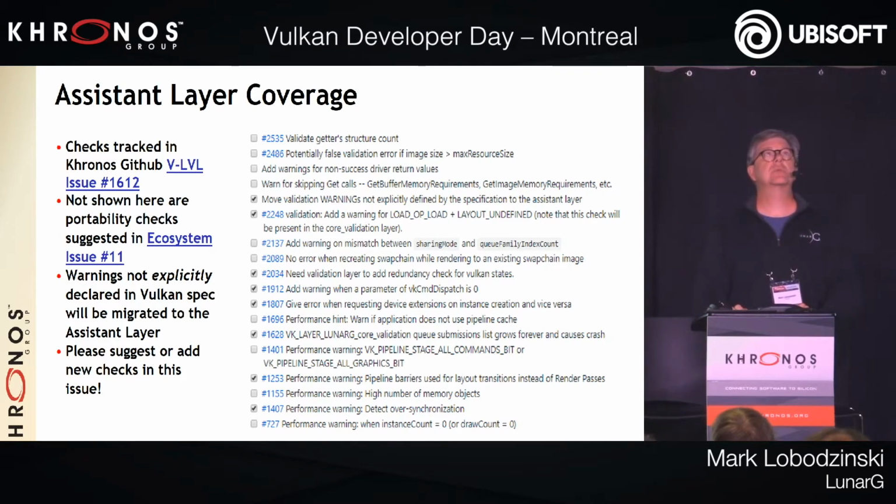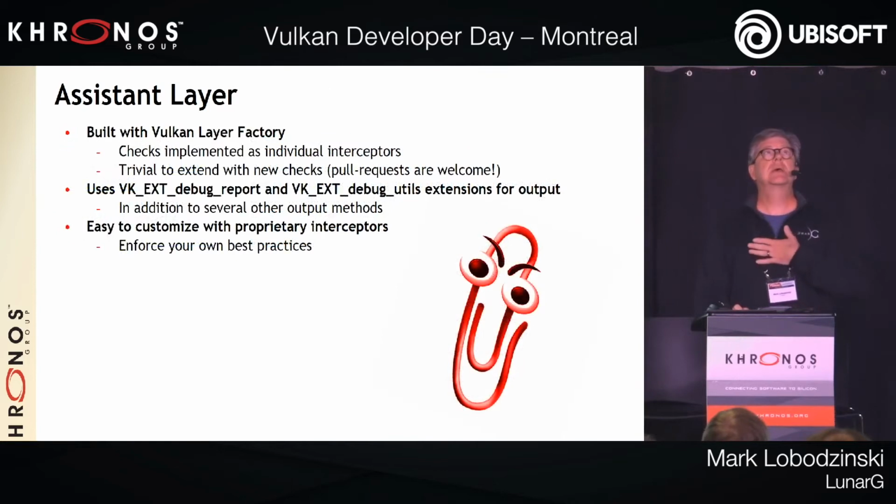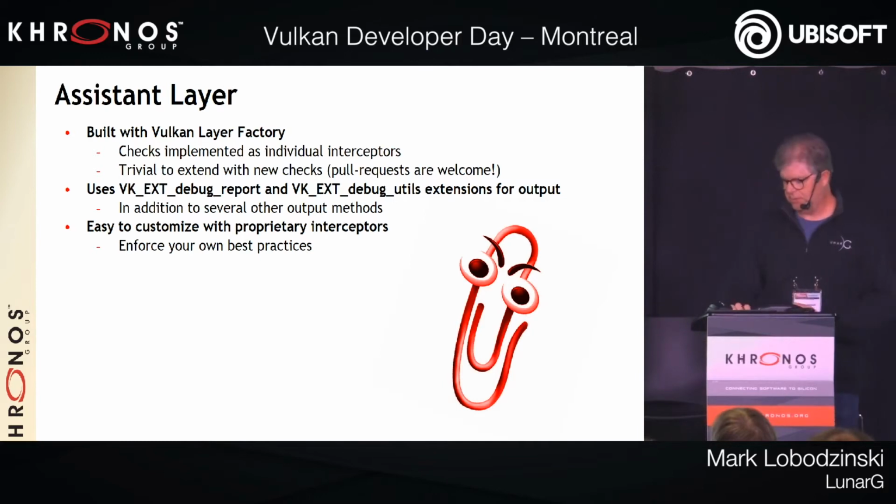So we talked about that. The assistant layer is built using the Layer Factory. Kind of a coincidence. It uses the standard output things that the other validation layers use, debug report and debug utils. So if you have debug callbacks already in your applications, they'll still work with the assistant layer.